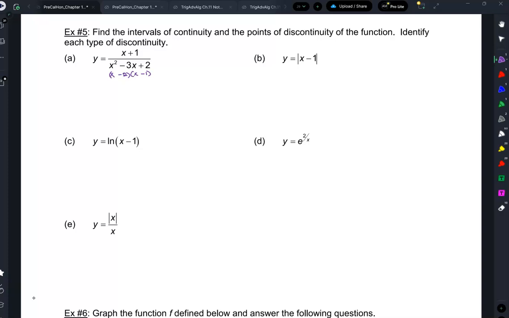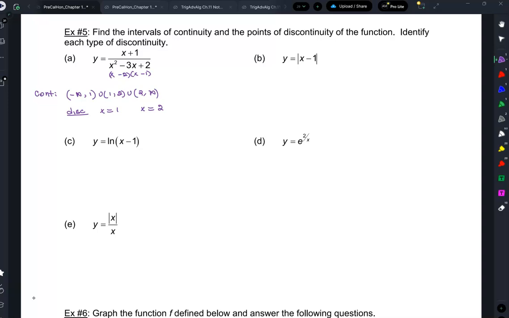So the function is continuous from negative infinity to 1, 1 to 2, 2 to infinity. The points of discontinuity are x equals 1, x equals 2.